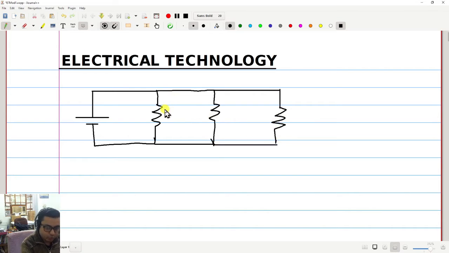Suppose this is R1, R2, R3. I can also give you the values. Say this is 2 ohm, 2 ohm and 1 ohm. And say I also tell you, suppose here the current is 10 ampere, and I ask you to solve this circuit.